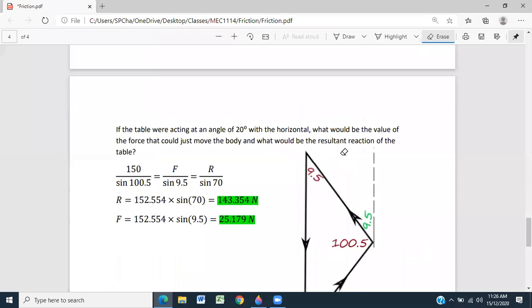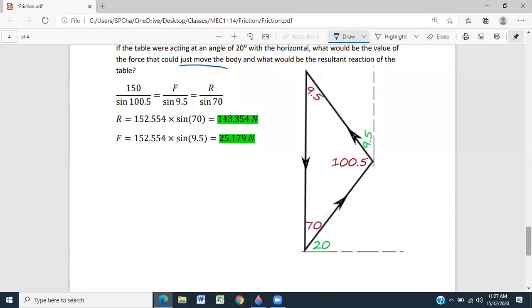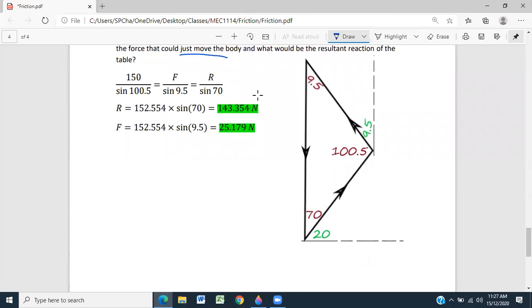If the table were acting at an angle of 20 degrees with the horizontal, what would be the value of the force that could just move the body, and what would be the resultant reaction of the table? Okay, so a bit different. So let's draw some stuff here.